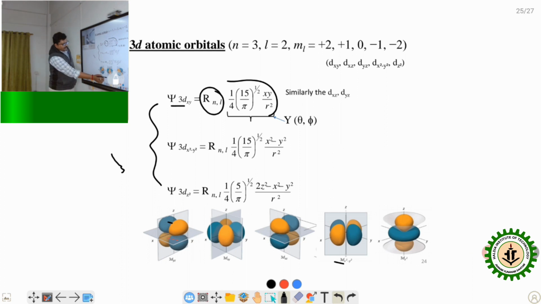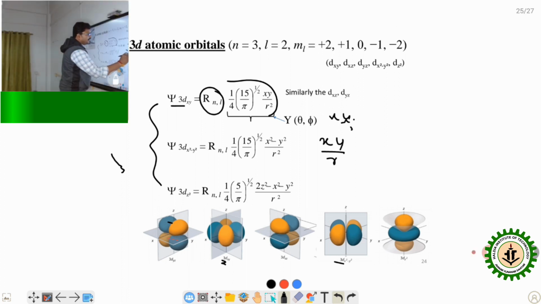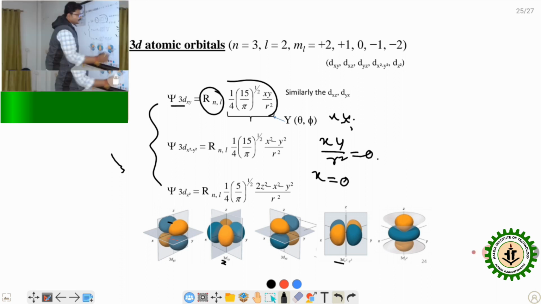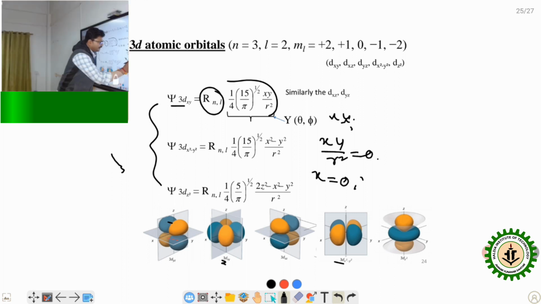Suppose for xy orbitals, that means my angular part depends on xy by r square. To understand the nodal surface, we know the angular part should be 0. So that means this xy by r square part should be 0. When should this part be 0? Either x is equal to 0 or y is equal to 0. If x is equal to 0, that means it's the yz plane.